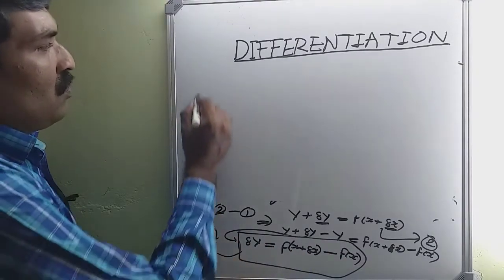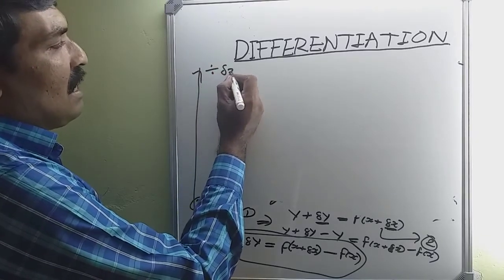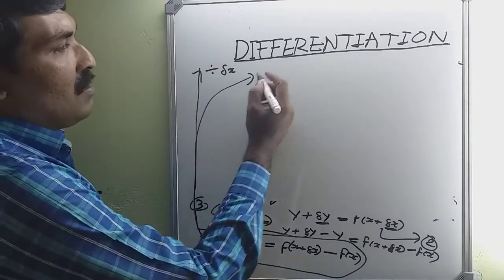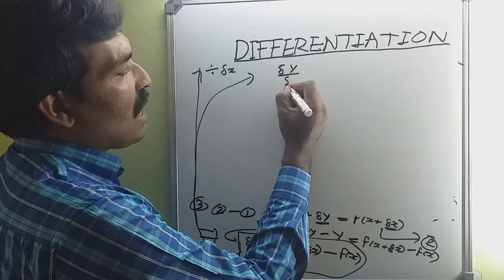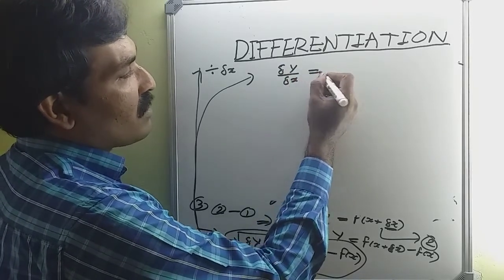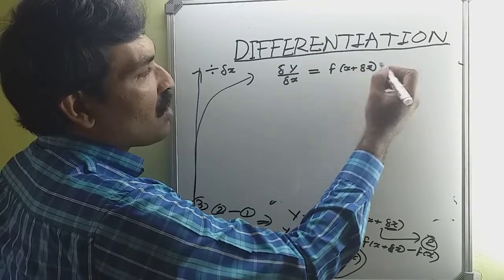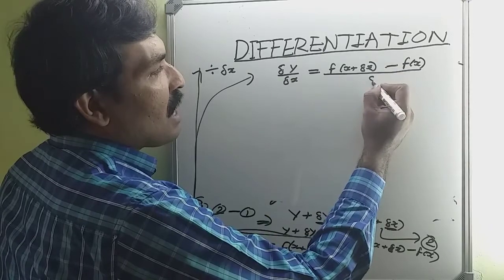Now divide this expression by del x. So this expression becomes del y by del x is equal to f of x plus del x minus f of x divided by del x.